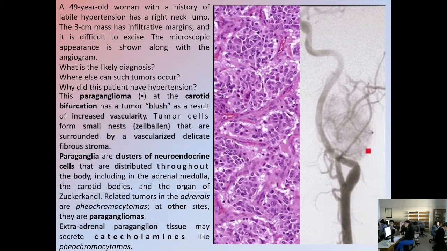What will they cause to the patients? Hypertension, yes. These patients have attacks of hypertension. Not so often from paragangliomas, but from pheochromocytomas, it's the most important sign that these patients show.